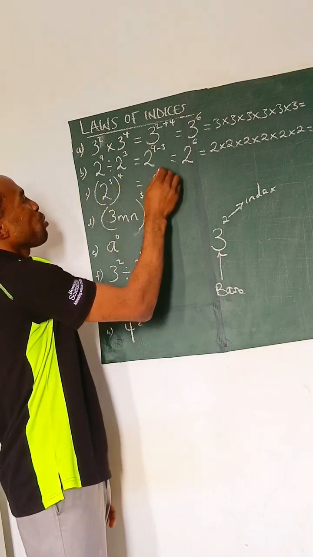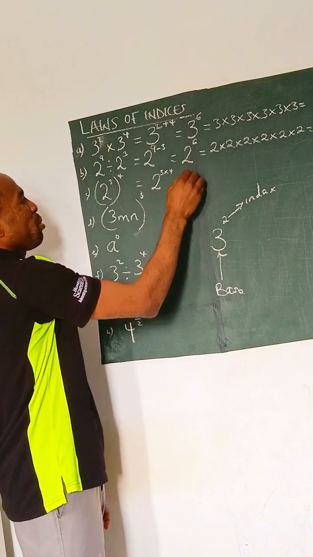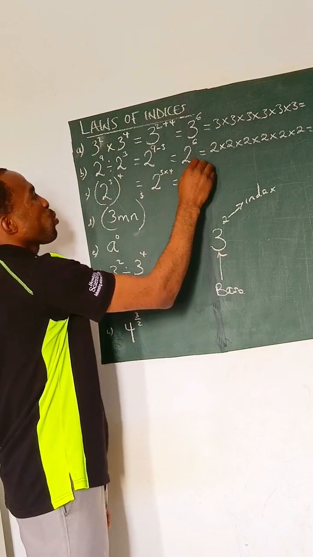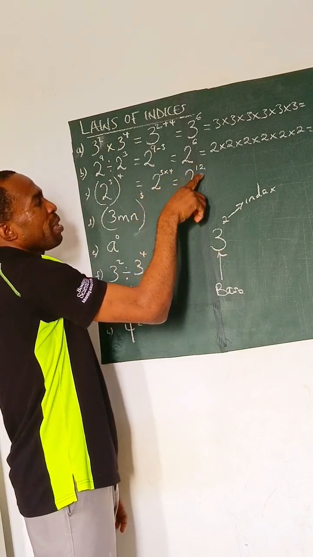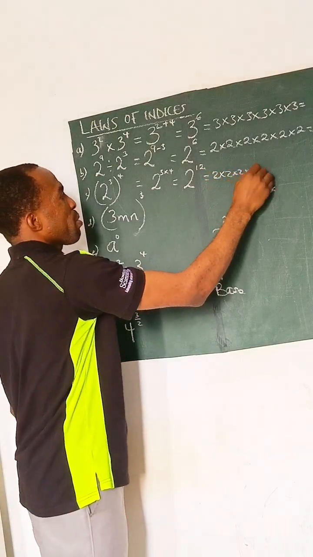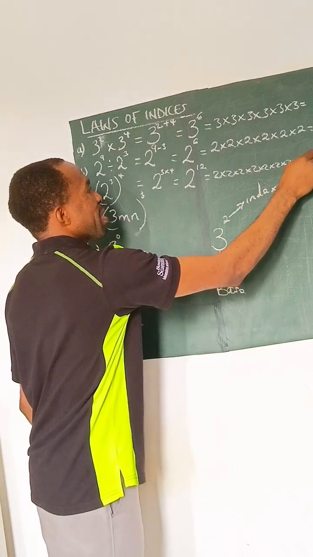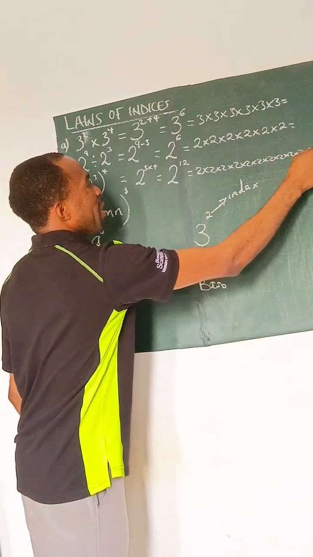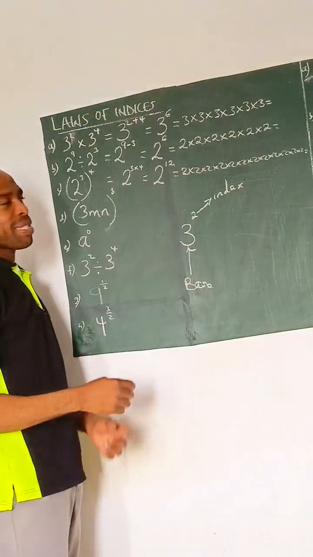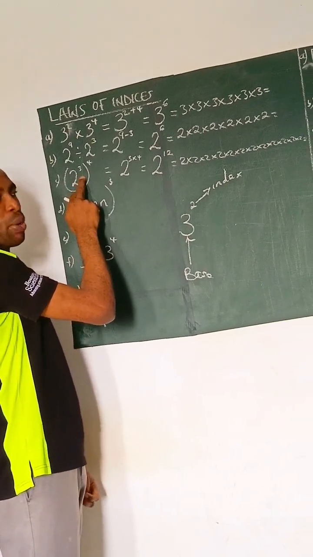So you're going to have 2 raised to power 3 times 4. This will become 2 raised to power 12, because 3 times 4 is 12. Of course, this will be 2 times 2 times 2 times 2, that's 4, 5, 6, 7, 8, 9, 10, 11, 12. So your answer comes right there. So we call this power law. Power law.